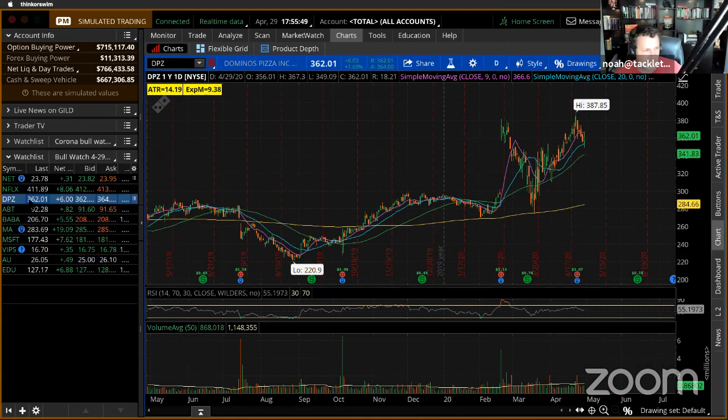DPZ is pretty too. Oh, Netflix versus Microsoft. That is a tough choice, Jonathan. If you do small enough position sizes, you can trade both. Okay. So no reason you can't, right? They have pretty good setups.